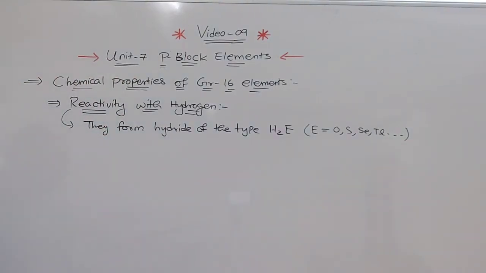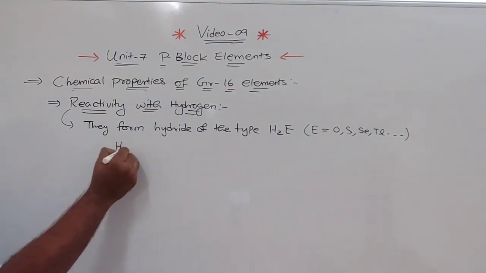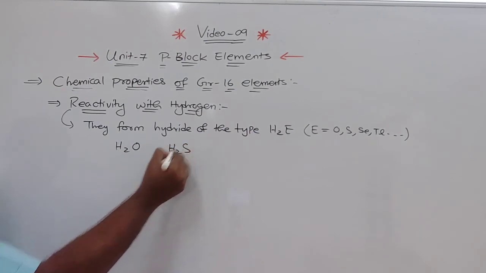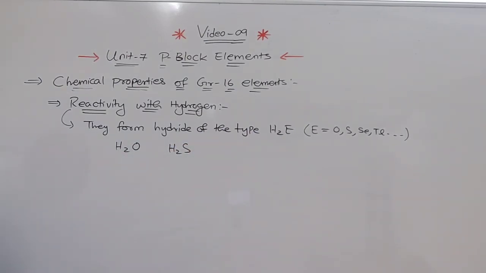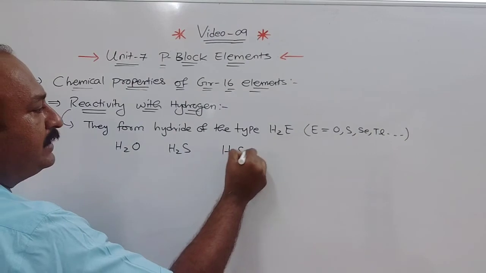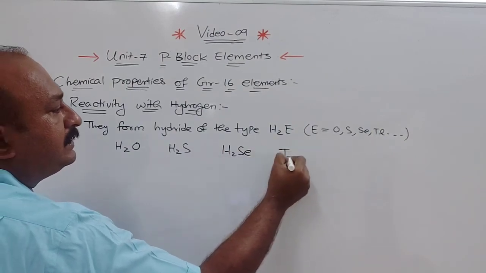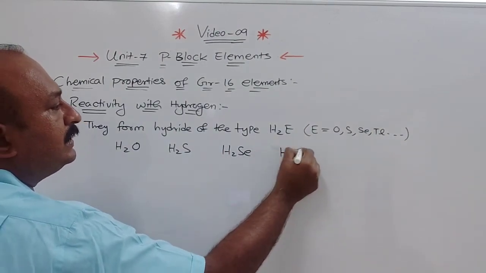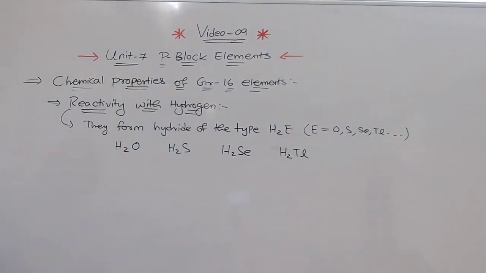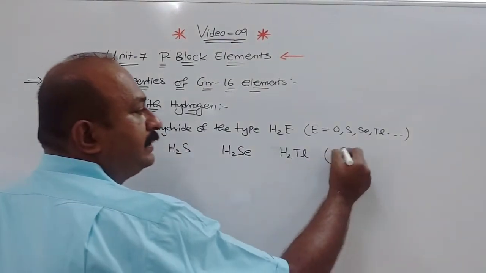The hydrides formed are H2O, H2S, H2Se and H2Te. This is how it forms hydrides. Some properties of the hydrides are given in your textbook, in table 7.7.